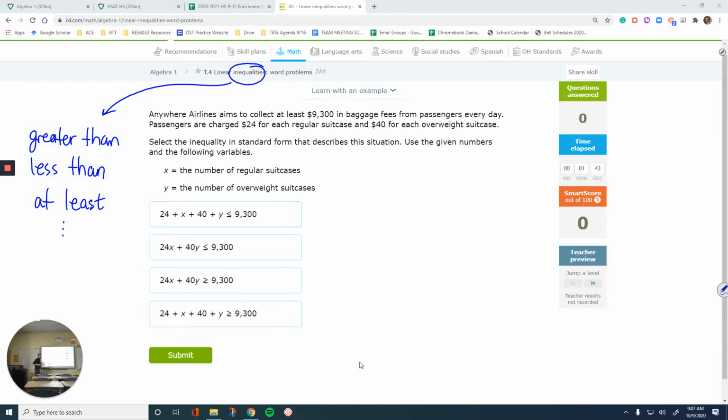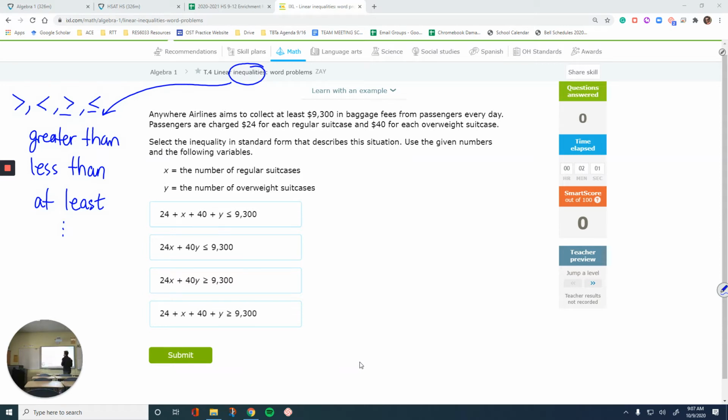And the sign that we deal with is not going to be equal. The sign is going to be either this one or that one, and the variables and numbers.